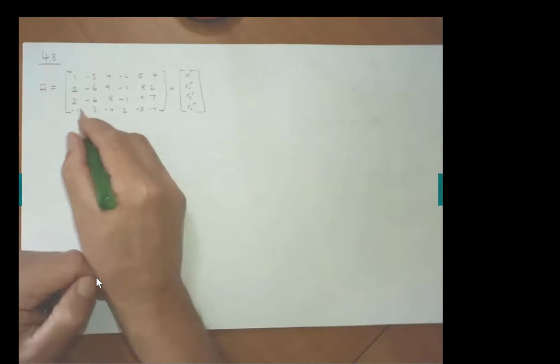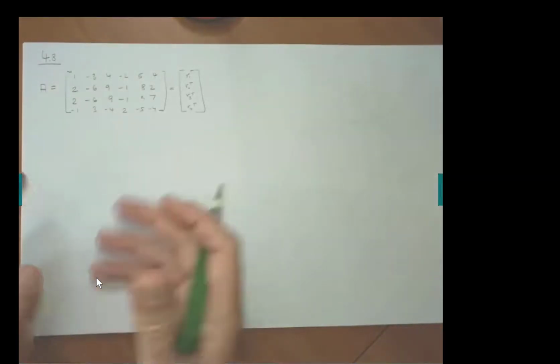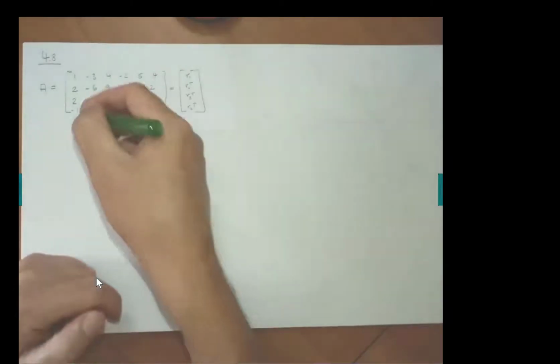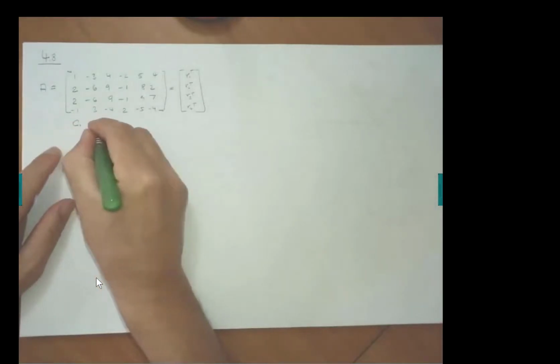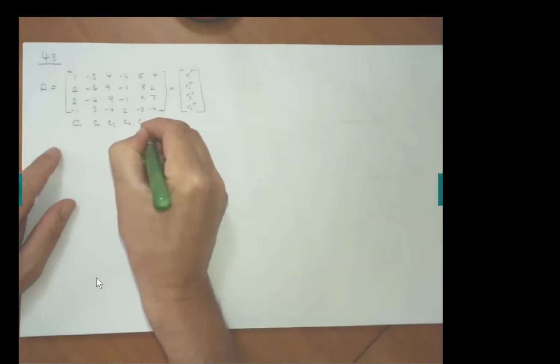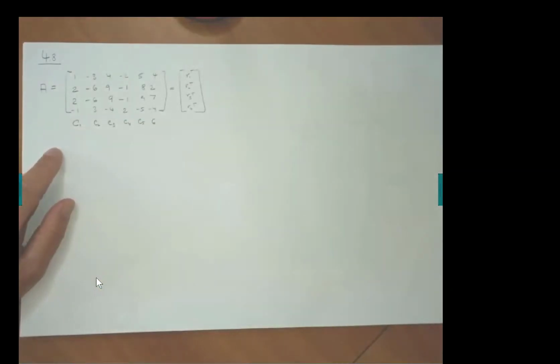And then we also have 6 columns. It's not a good notation to call them C, because very often C stands for coefficient, but since C can also stand for column, I call them C. I hope that's not too confusing. So we have 6 columns from this matrix.